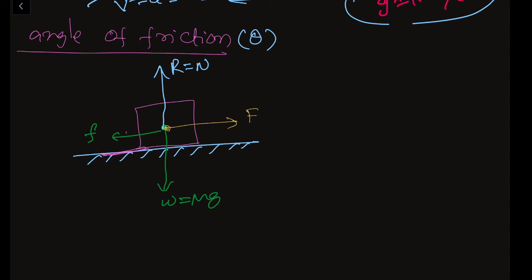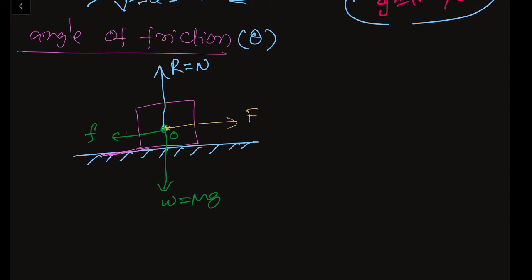Now, how can we find the angle of friction? See here, we have to observe the different types of vectors acting at a point.